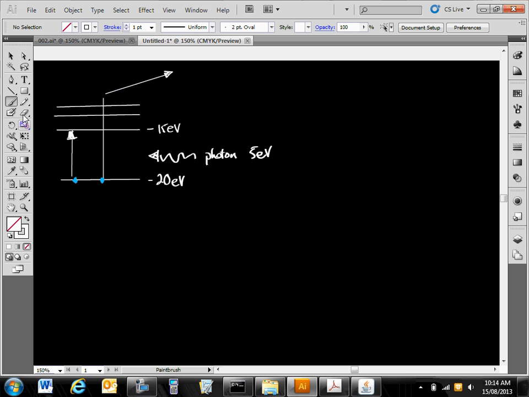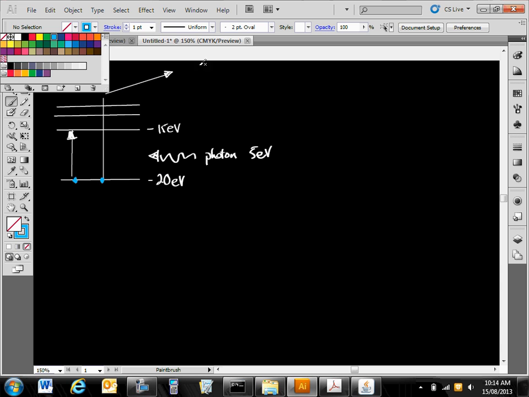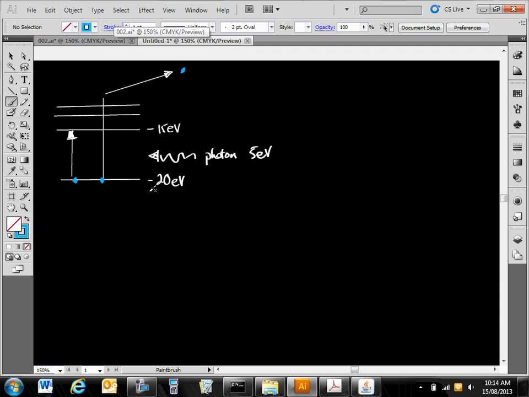So we might have the electron moving off with some energy. How much energy do I need to give it here to become this moment where it's free?